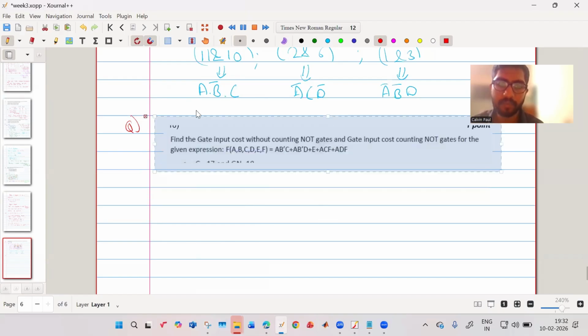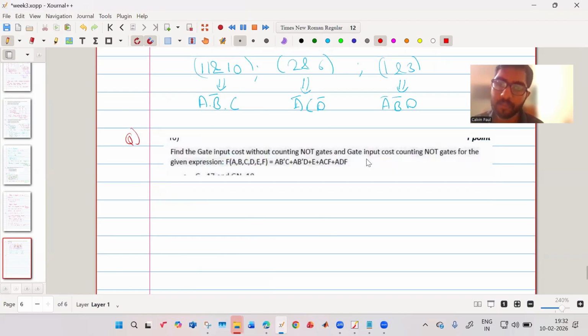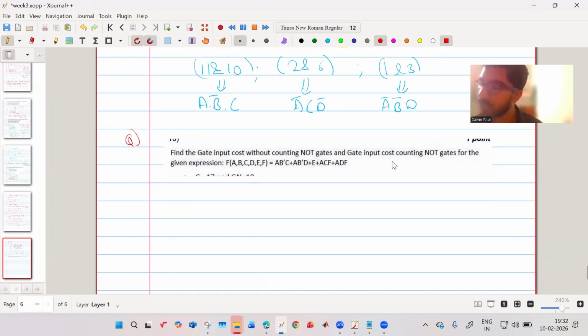Okay, you have to find the gate input cost without counting NOT gates and gate input cost counting NOT gates. So we have to find the gate input cost. Okay. So for this gate, let us say this A, B prime, C, how many inputs are there to this gate?